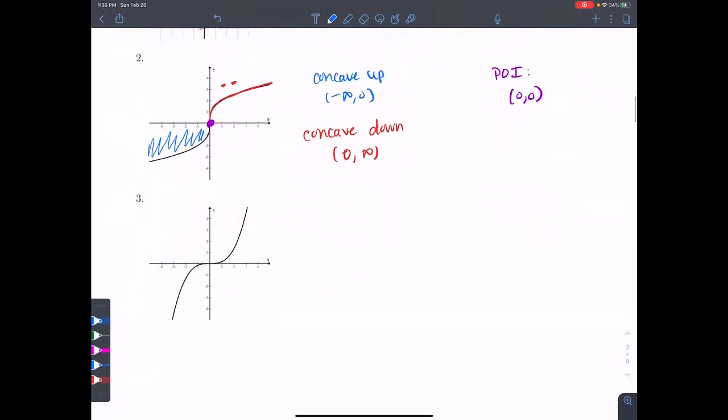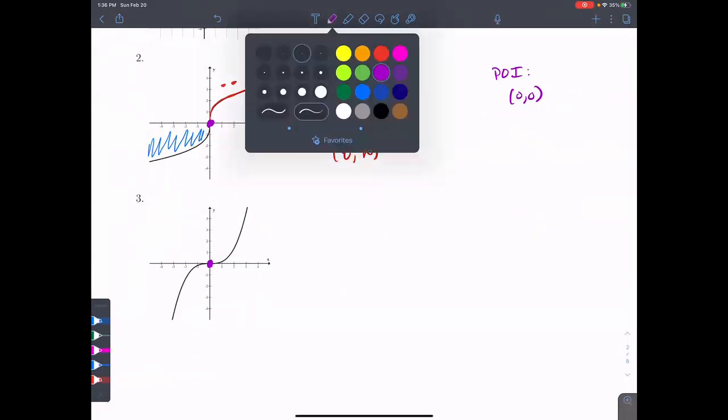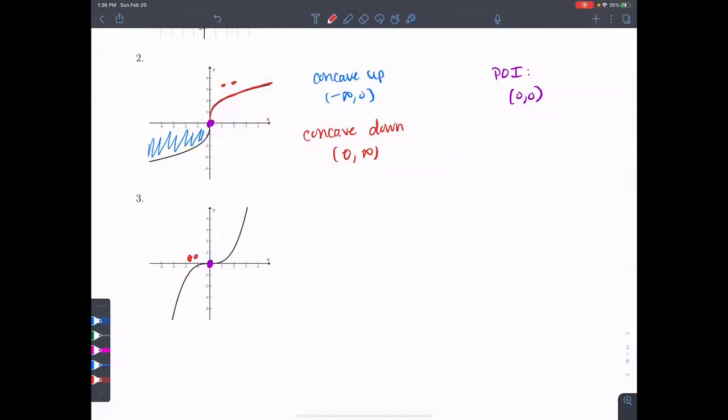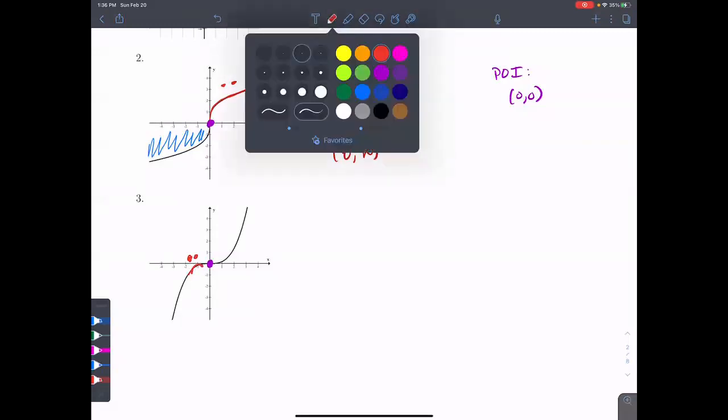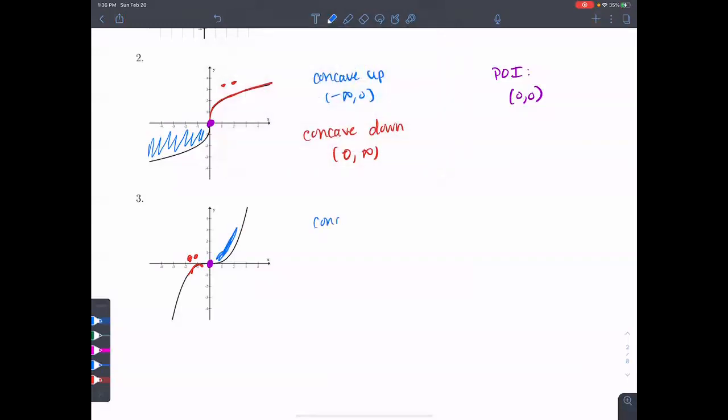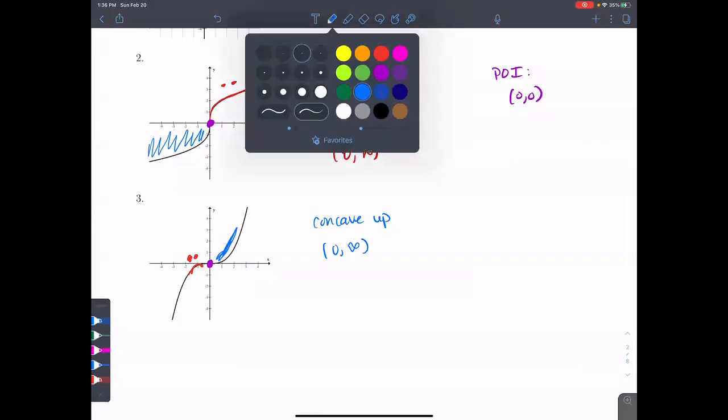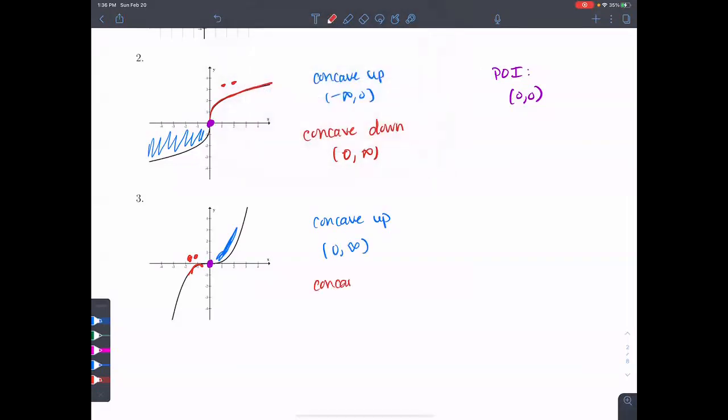All right. This one, we have the point of inflection here, and we've got a sad face on this side, and we could probably hold water over here. So we have concave up from 0 to infinity, and concave down from negative infinity to 0.